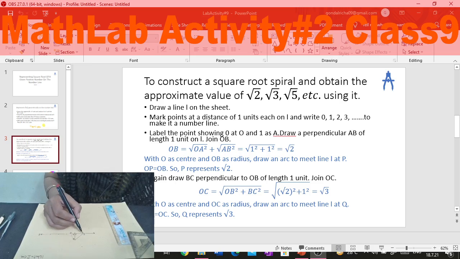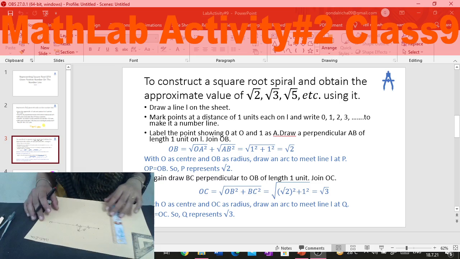So this OB is going to represent root 2, because the square of OA is 1 and the square of AB is also 1, and their sum is equal to 2. So OB is going to represent square root of 2.